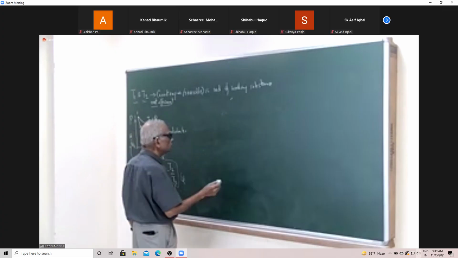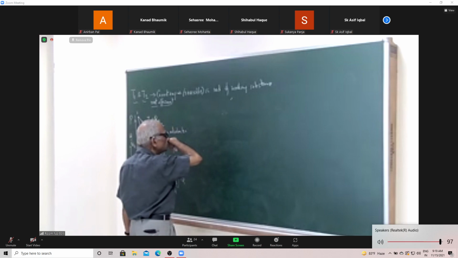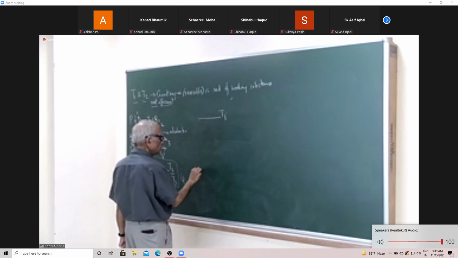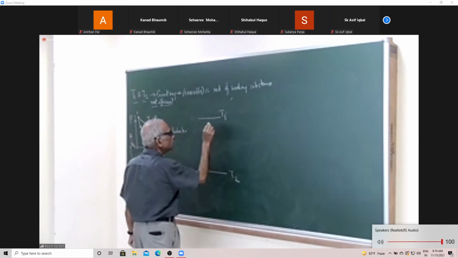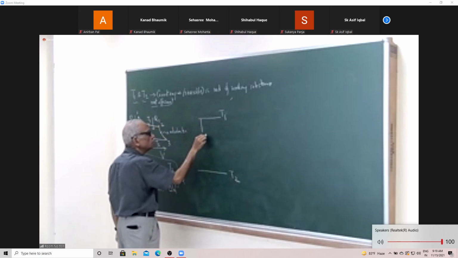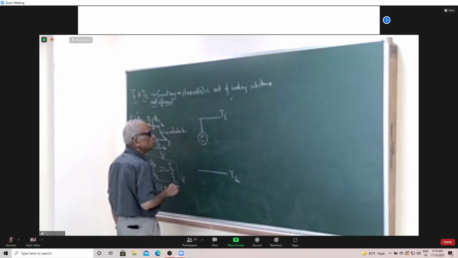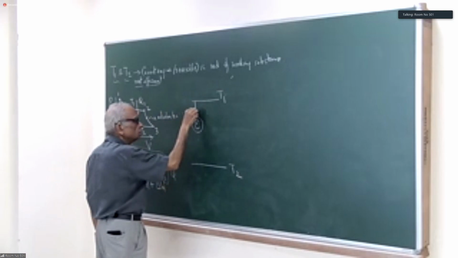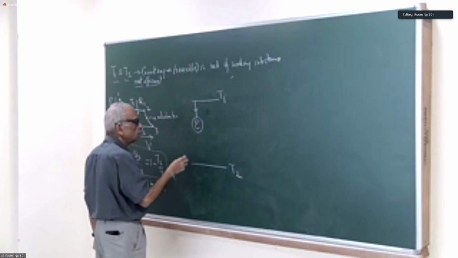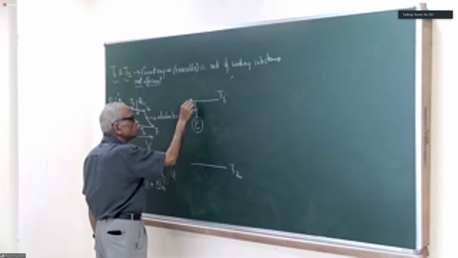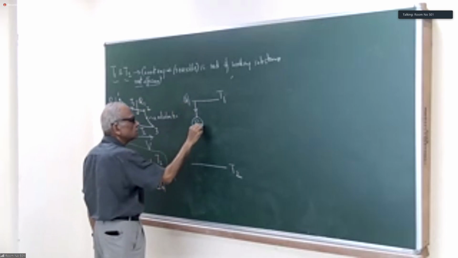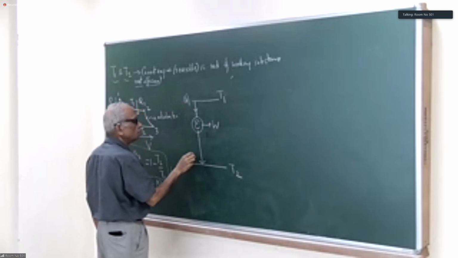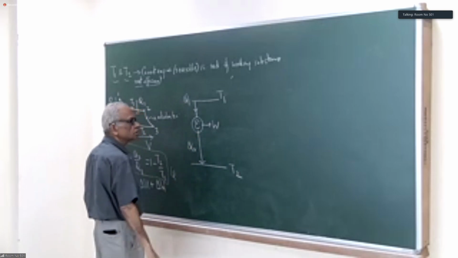So here we are. What one does to establish this is, here is this temperature bath T1, here is T2, and what you do is run an engine, normal, not a reversible engine, which we will call just an engine and write E. So it draws Q1 amount of heat, does a certain amount of work W, and rejects an amount of heat Q2 to this sink over here.